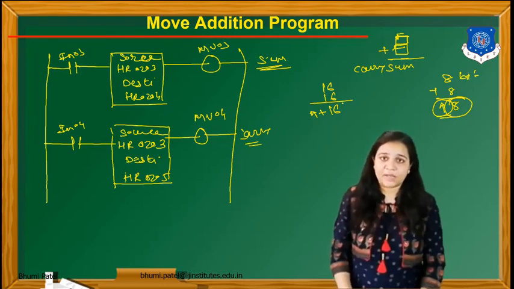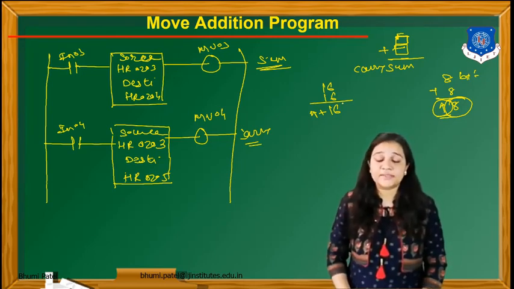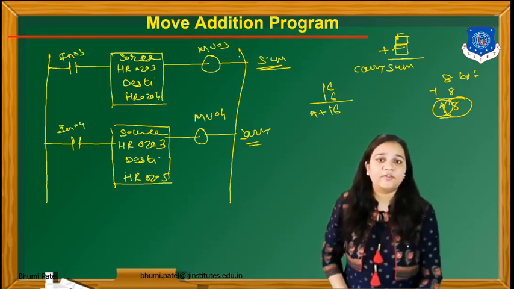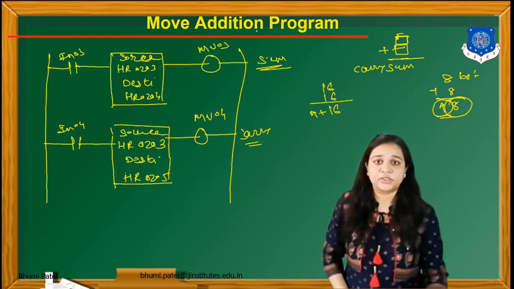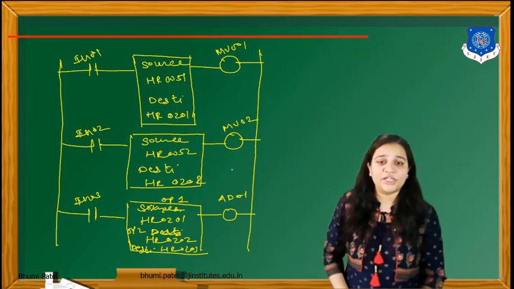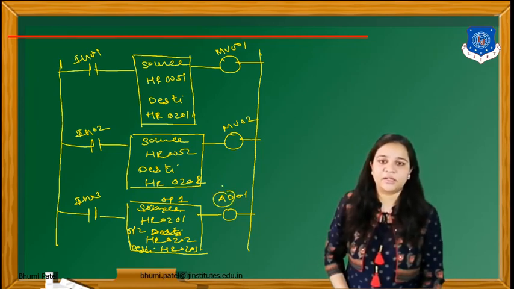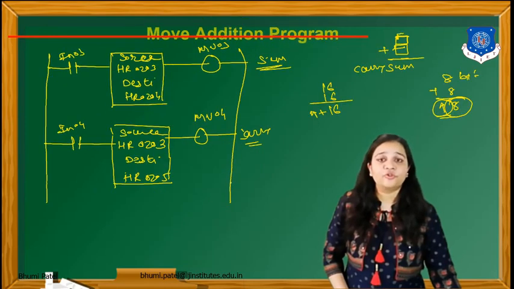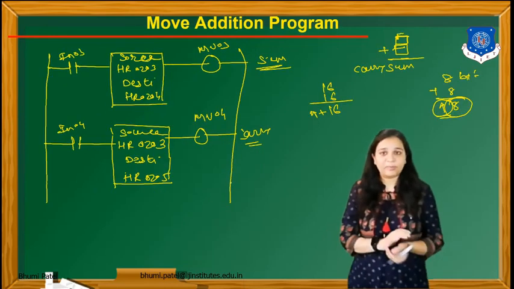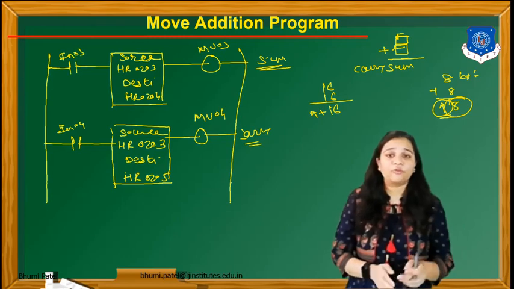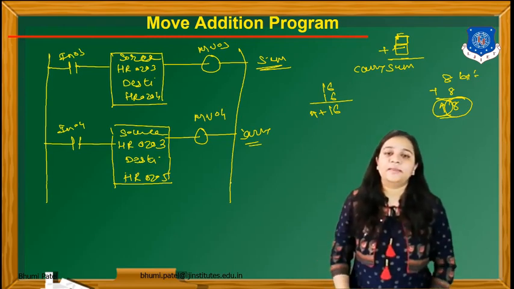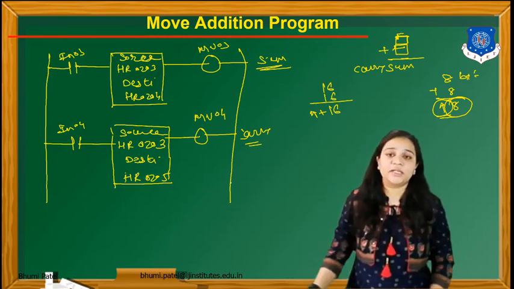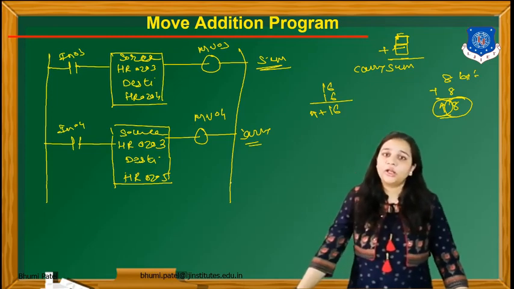Okay, in exam if they ask move addition, or if they ask move subtraction function, then simply you have to change only this command to subtraction. Okay, if they ask multiplication, you have to change the command for the multiplication, then you have to multiply the two data and then you have to compulsorily save the answer in this particular location.